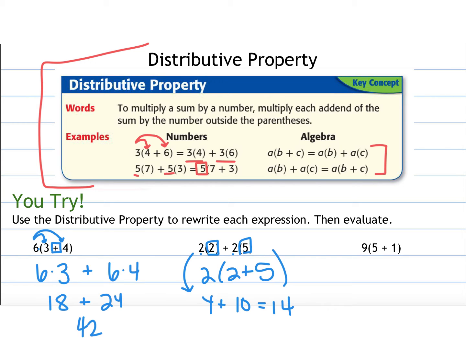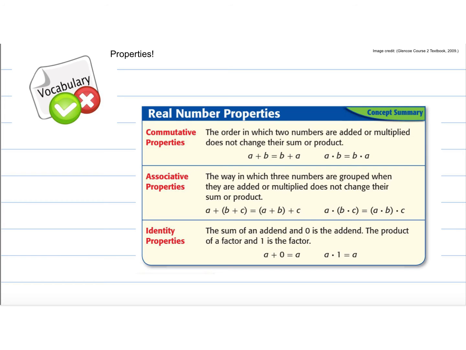So that's using the distributive property to solve that. Again, take the 9, distribute it to each number inside the parentheses. 9 times 5, and 9 times 1. 45 plus 9, which is 54. So that's using the distributive property.